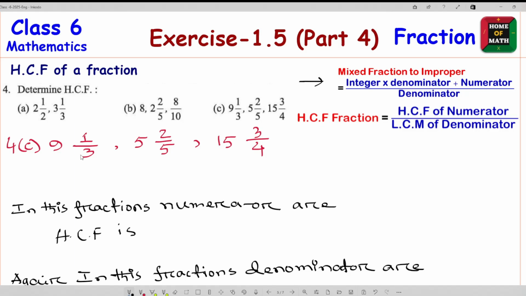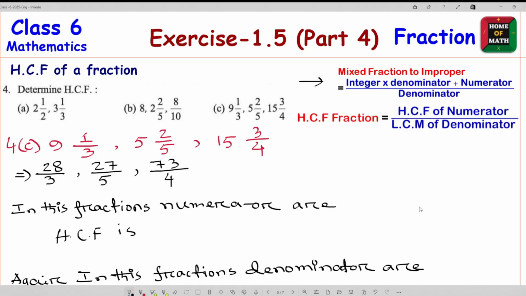So 3 times 9 is 27, 27 plus 1 is 28, divided by 3. Then 5 times 5 is 25 plus 2 is 27, divided by 5. And finally 15 times 4 is 60, 60 plus 3 is 63, divided by 4.